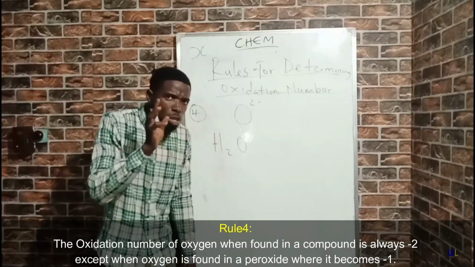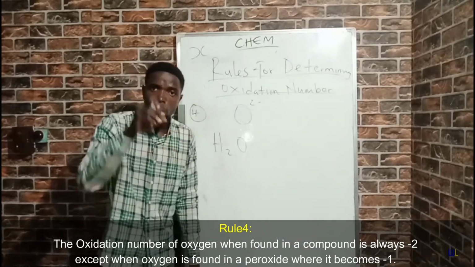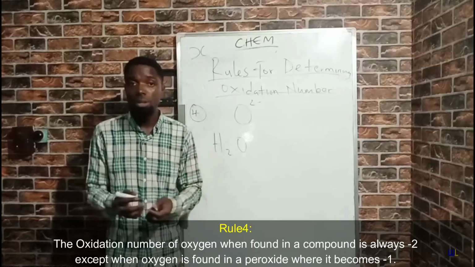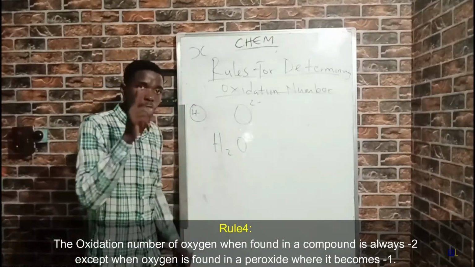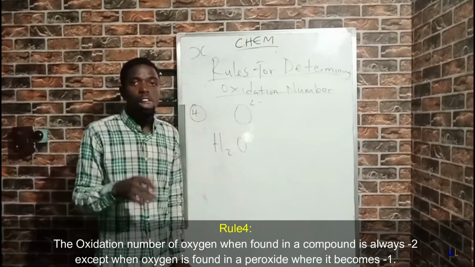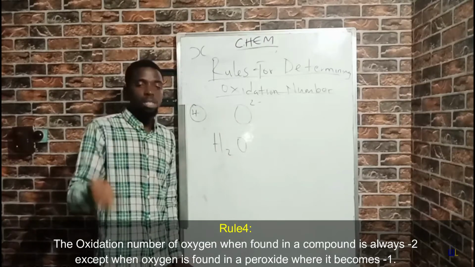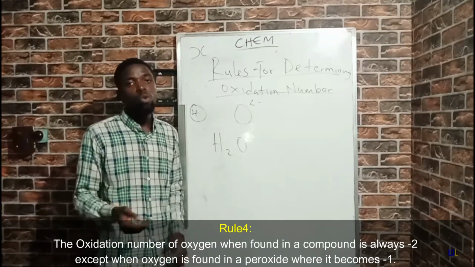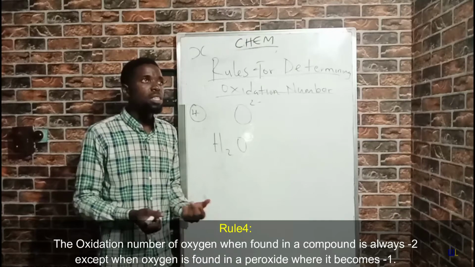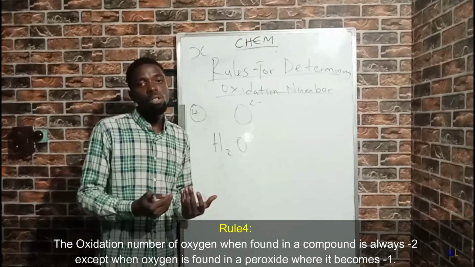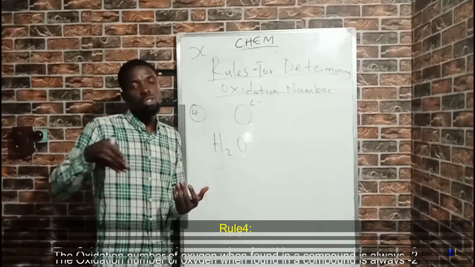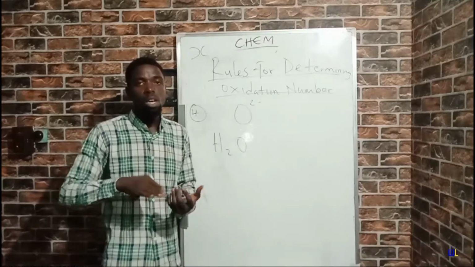There is only one exception. Okay, there could be more than one, but there is a major exception for our curriculum. And that exception is when oxygen is found in what we call peroxides. What do I mean by peroxides? For instance, when a metallic oxide has one more oxygen added to it, it forms a peroxide.